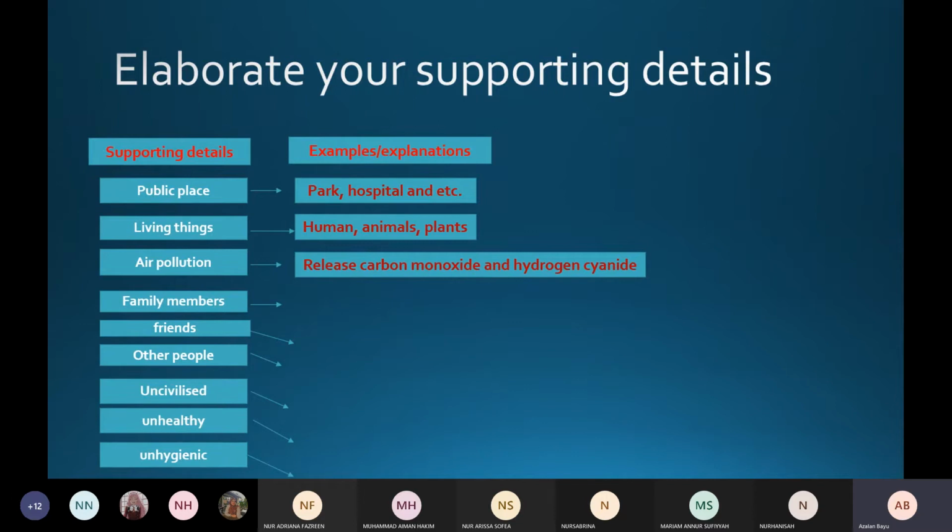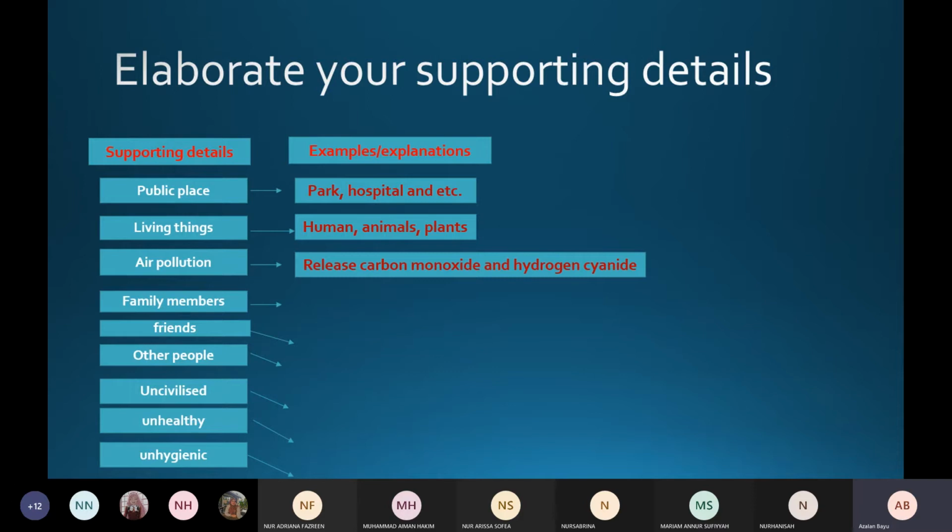Bukan ambil totally daripada website. Contohnya cakap macam mana air pollution berlaku. Adakah merokok boleh menyumbang benda air pollution? So bila you merokok tu apa yang keluar? Dia actually release the carbon monoxide and hydrogen cyanide which contribute to air pollution. Okay, apa ni, pencemaran udara.